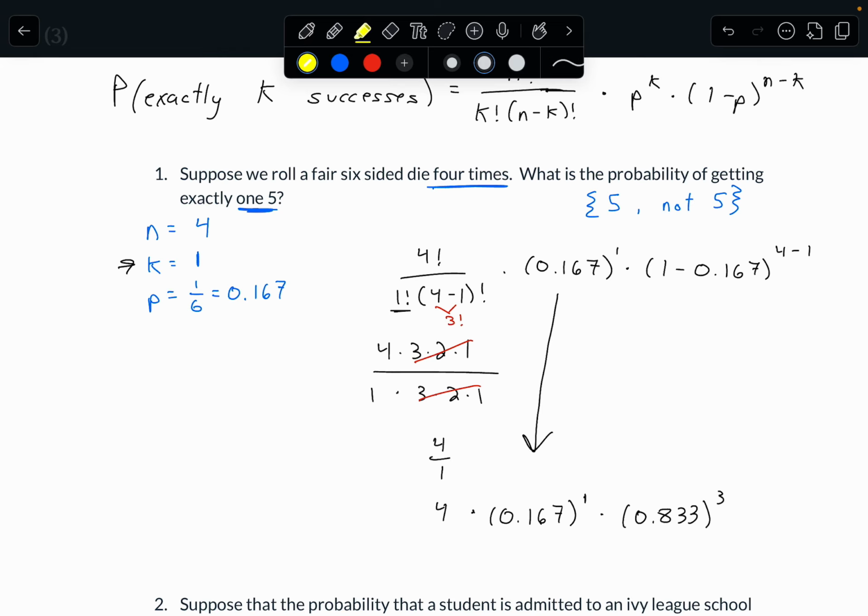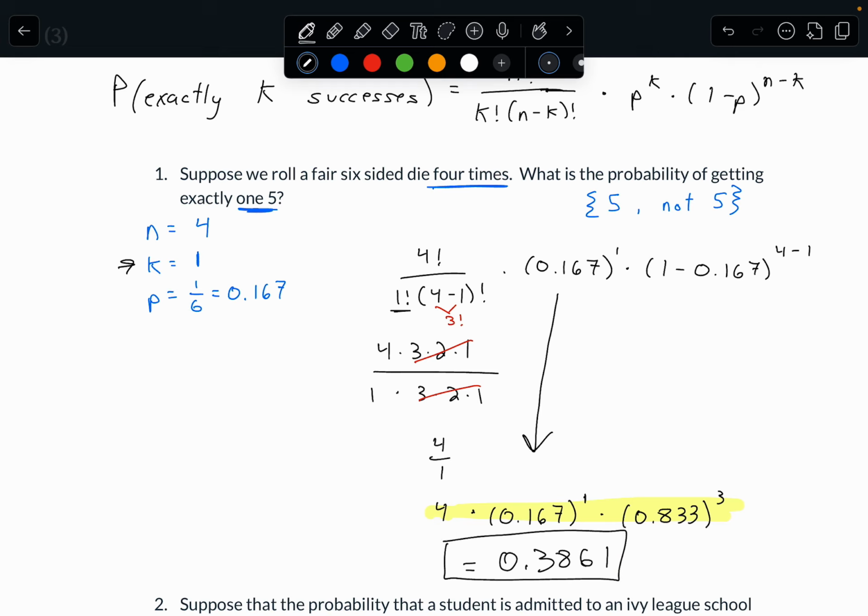And then at this point, this is something that we can just plug into our calculator. So 4 times 0.167 times 0.833 raised to the third, I ended up with a probability of 0.3861 for my answer. I'm going to round my probabilities to 4 decimal places.